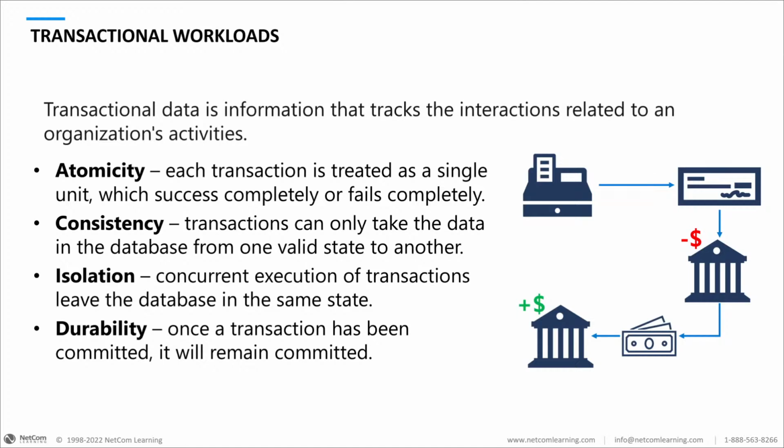The next one is isolation. Concurrent execution of transactions will leave the database in the same state. What that's saying is that I could execute 2 or 3 transactions at the same time, but because each transaction is independent of the others, they don't have the ability to get in one another's way.